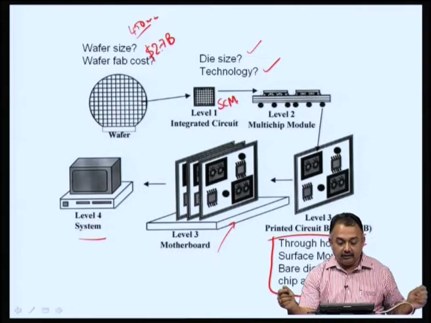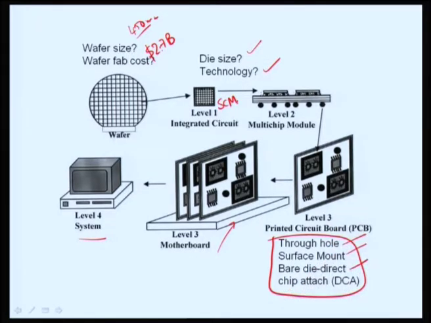So, I will stop here for this particular hour, and basically what we have seen in this hour today is we have seen the entire sector of packaging, different application areas. We have seen the individual representative products in each of these areas. We have defined what electronics packaging is.